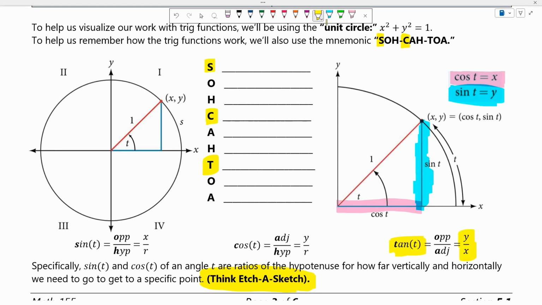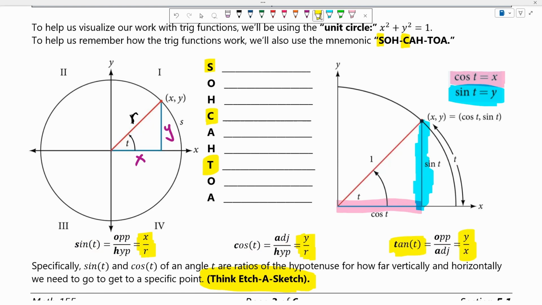On a random triangle, let's say this one is now an r. We know that this is the x and this is the y. Then we can also produce these definitions for sine and cosine.